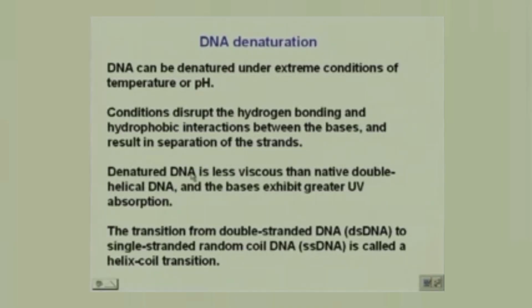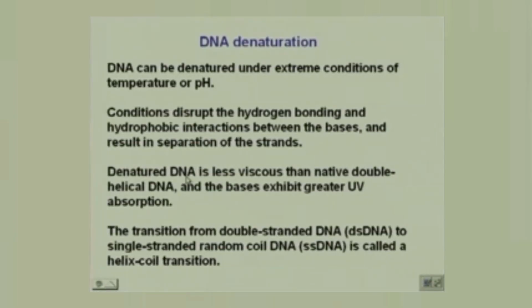Denatured DNA is less viscous than native double helical DNA, and the bases exhibit greater UV absorption. We will see that in a minute. What we have here is denatured DNA is less viscous.